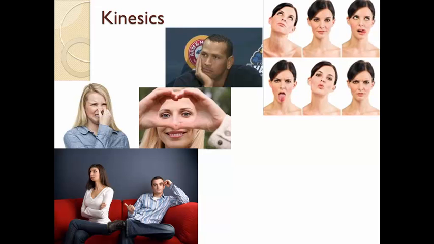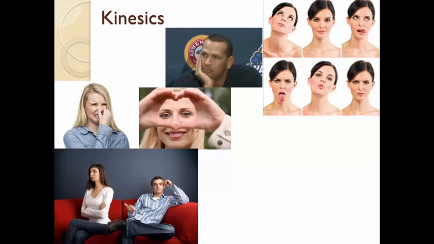Kinesics. So we have here a lot of gestures being made. Remember that facial gestures and eye contact all count. So kinesics is movement. We can see even from turning away, from holding your nose, from looking bored. All of these things are kinesics.